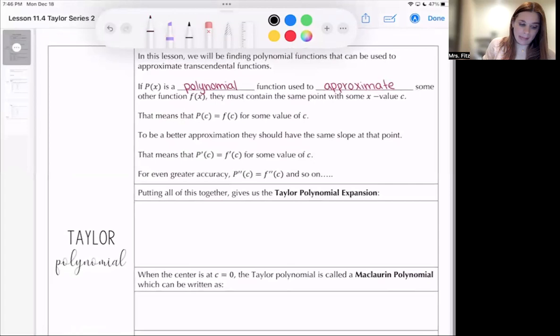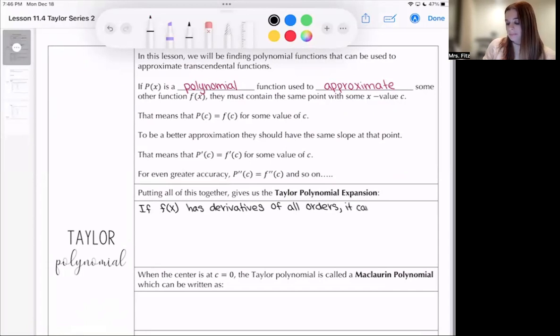It says, if f of x has derivatives of all orders, it can be approximated by this Taylor polynomial. So it's p sub n, an nth degree Taylor polynomial of x.